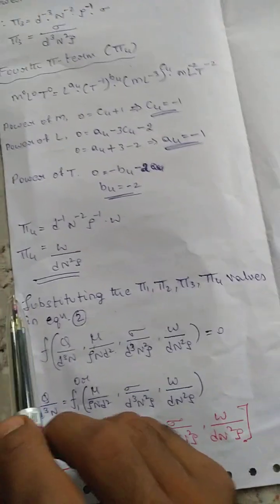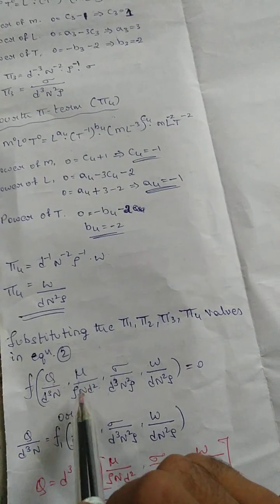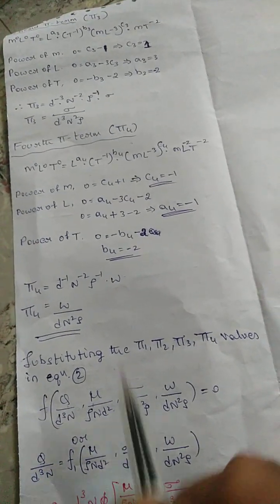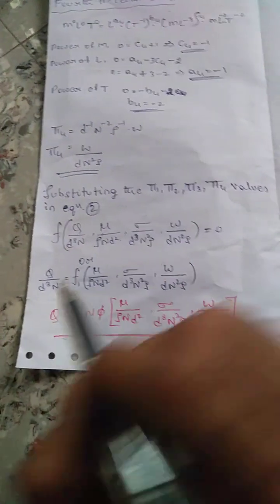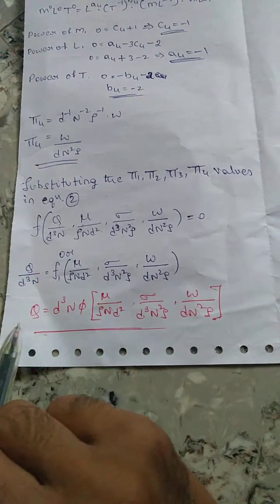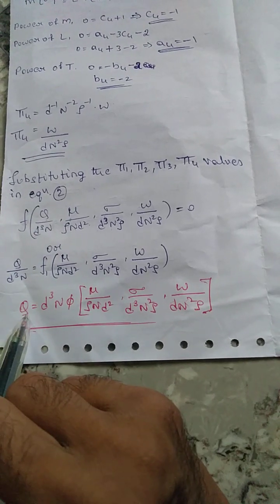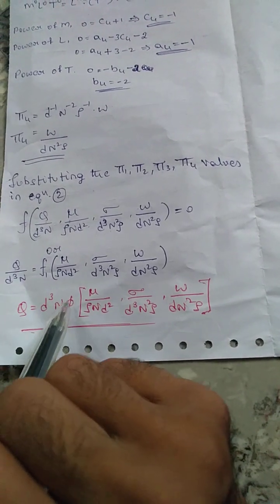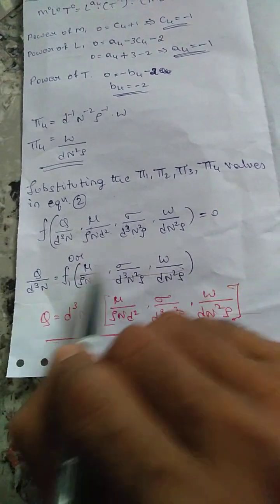And that is, see, this is pi 1 value, pi 2 value, pi 3 value, and pi 4 value. Everything you have substituted here, and later at the end what you have to do is you have to prove that Q is equal to d to the power 3 n phi into these values, which are given in the question.